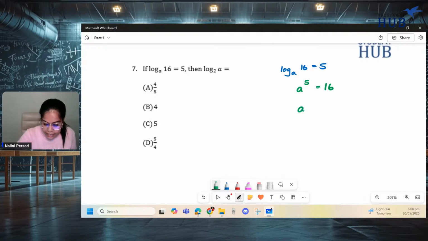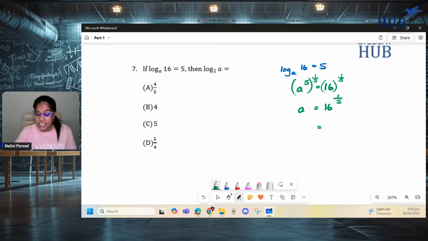If I were to make a the subject, I would have to take each side and raise it to the power of 1/5. Right? 5 by 1/5 is 1. And 16 to the power of 1/5, well, 16 is the same thing as 2 to the power of 4, isn't it? So 2 to the power of 4/5, that is equal to a.